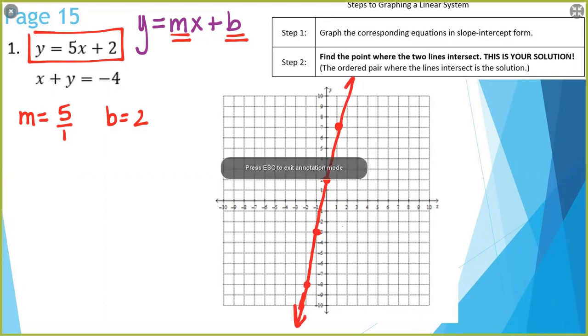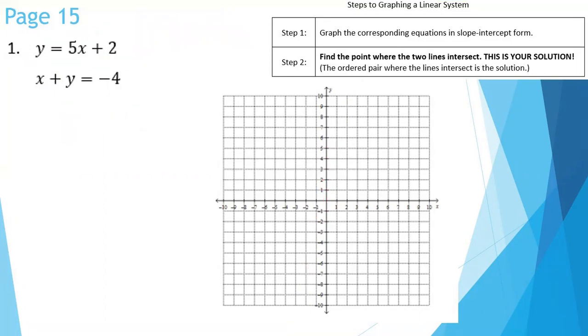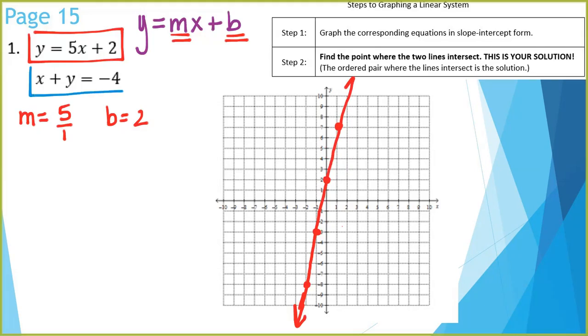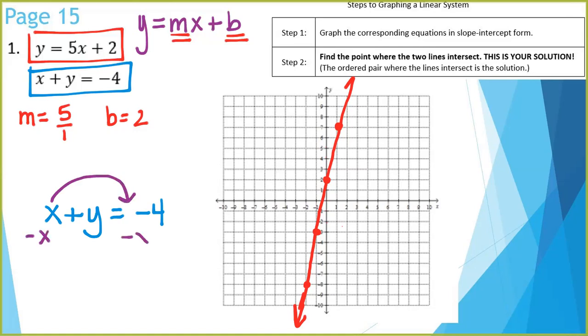So now let's go ahead and graph our second line. This one right here. So we have x plus y equals -4. To put that in slope-intercept form, I'm going to subtract the x. So my equation changes to y equals -x minus 4.